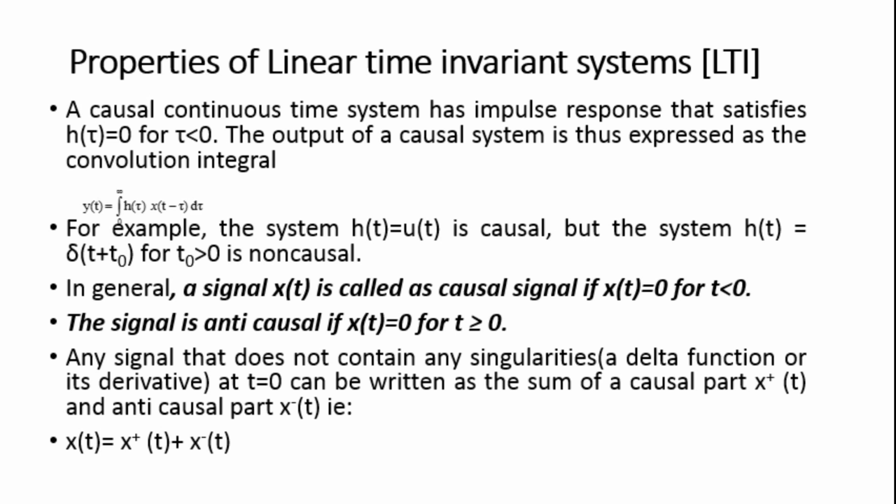Any signal that does not contain any singularities, that means a delta function or its derivative at t = 0, can be written as the sum of a causal part x+(t) and an anti-causal part x−(t). That is, we can write x(t) = x+(t) + x−(t).